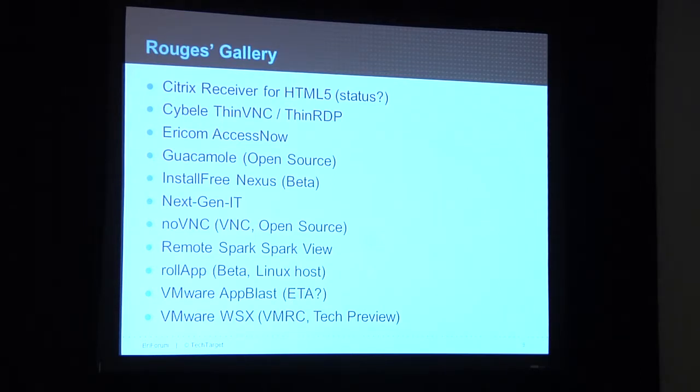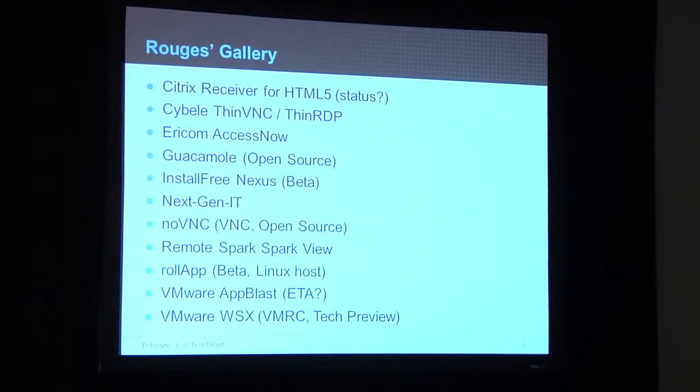ThinVNC and ThinRDP from a company called, I think they pronounce it, Cybele. First they had ThinVNC, then they introduced ThinRDP. It's a product that exists right now. Our own Ericom Access Now solution, an open source project called Guacamole that also started just with VNC and then added RDP later on. InstallFree, which we saw before, which is, I think, the second beta version or something like that.